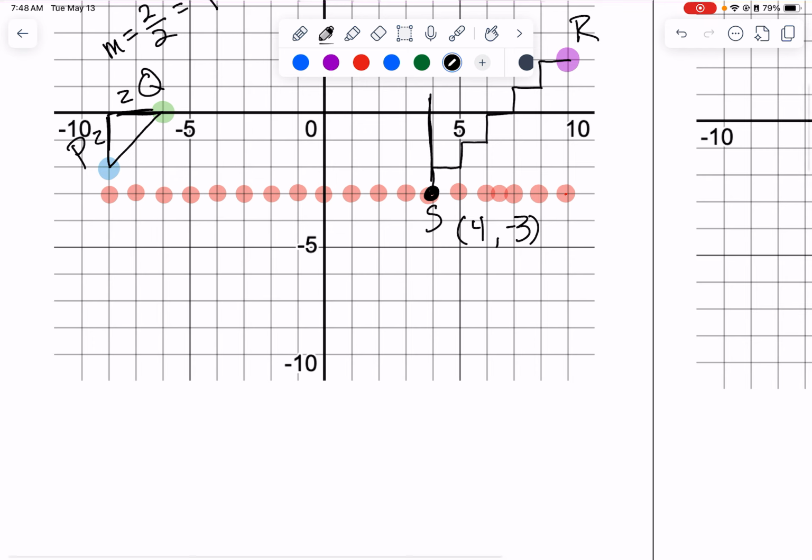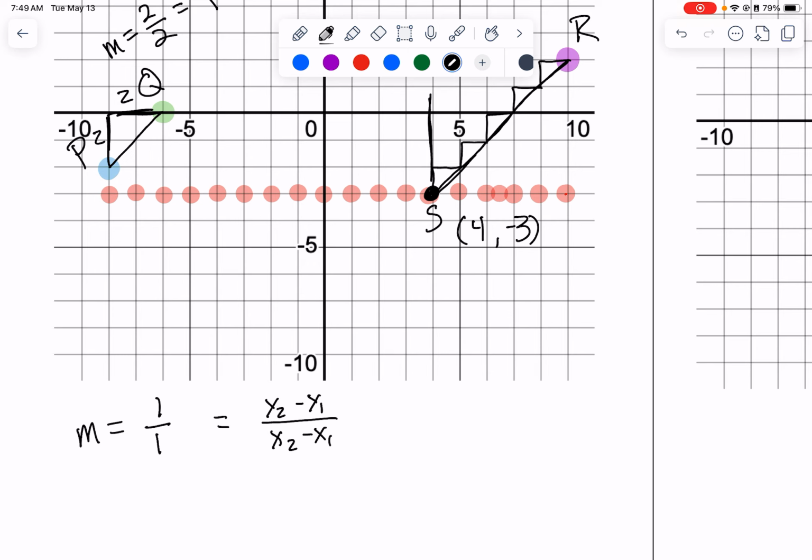If we know that the slope after graphing points P and Q was supposed to be 1 over 1, and we know that that slope is supposed to be equal to the slope for the RS segment, which I didn't draw in here, but it would look like this, then we can say that that should be equal to the subtraction of the y values over the subtraction of the x values, because that is our slope formula.